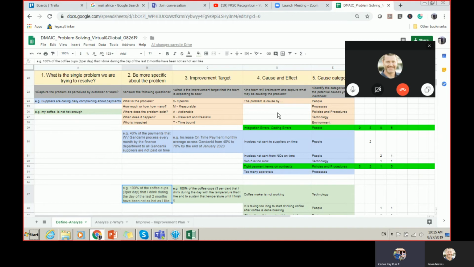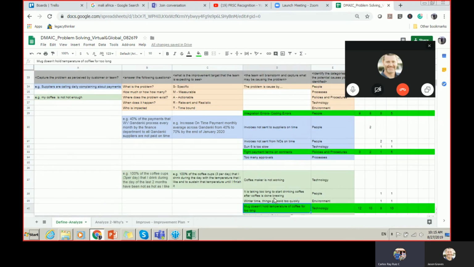They have to say the problem is caused by, and in this example, I'm saying invoices not sent to suppliers on time, invoices not sent from the NOs on time, Sun 6 is too slow, tight payment terms on contracts, too many approvals. So what is causing the problem?